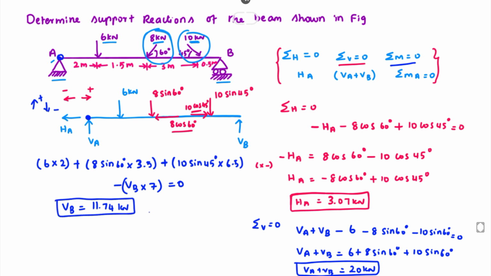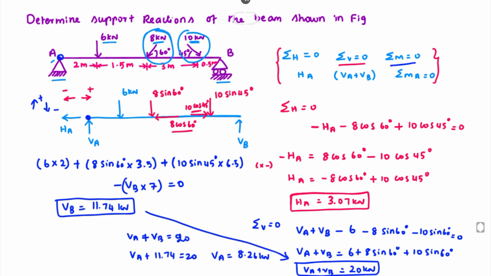Now we substitute the VB value in the equation VA plus VB equal to 20. So VA plus 11.74 equals 20. So VA equals 8.26 kilonewton.